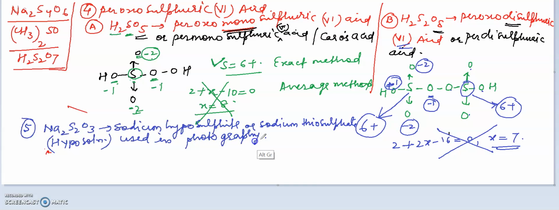So now here we will see the structure of this Na2S2O3. Na, S, S, O, Na, and this sulfur is further attached with 2 more oxygen atoms. So see, this sulfur will be 0. This is -1, -2, -2. So this sulfur is +5.